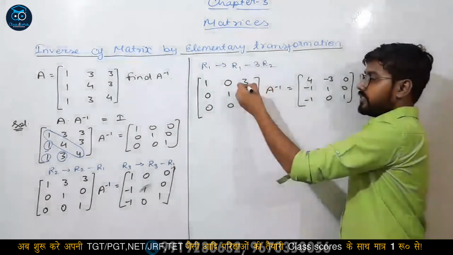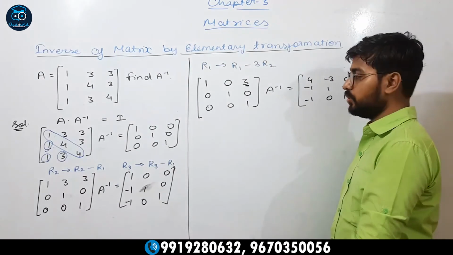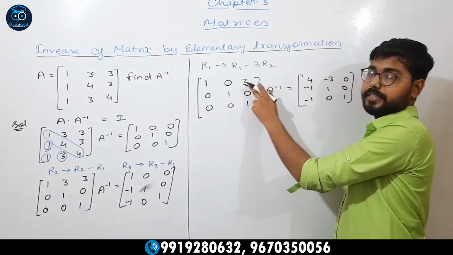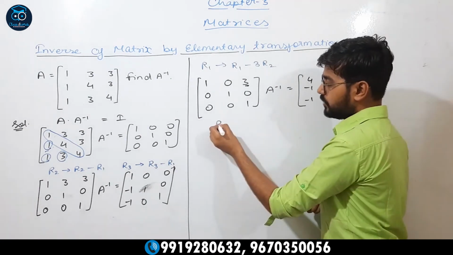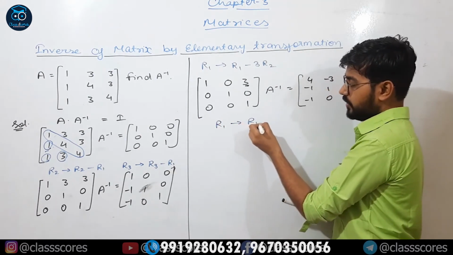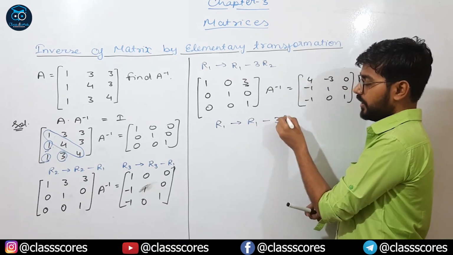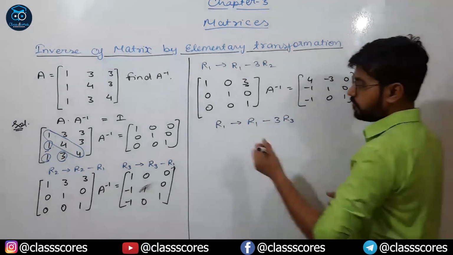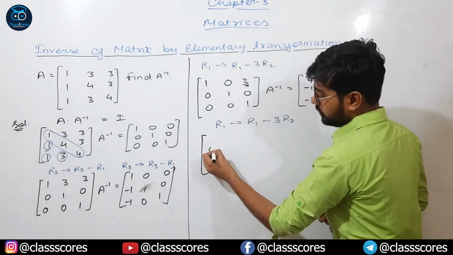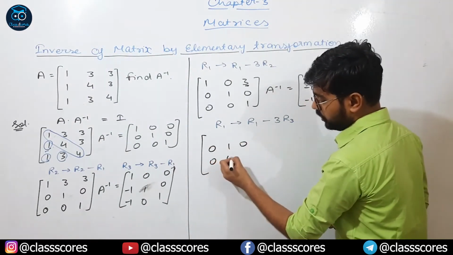Now our last target is to convert this 3 into 0. Here it is 1 and here it is 3. So we can simply say R1 changes to R1 minus 3 times R3, and this is the final transformation. 0 1 0, 0 0 1.